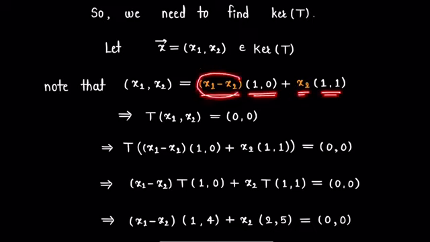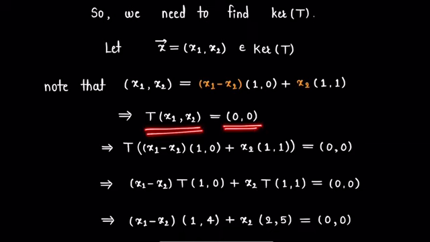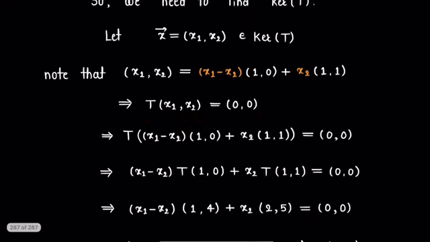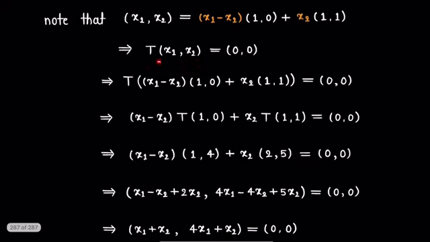Here x1 minus x2 and x2 are unique scalars used to represent (x1, x2) in terms of basis B. As x is in the kernel of T, we have T of (x1, x2) equals the 0 vector of R2. Writing the expression for (x1, x2), we get T of (x1 minus x2) times (1, 0) plus x2 times (1, 1) equals the 0 vector of R2.